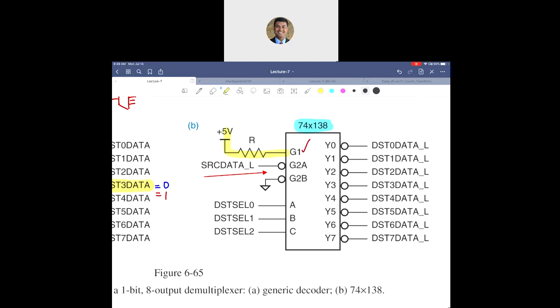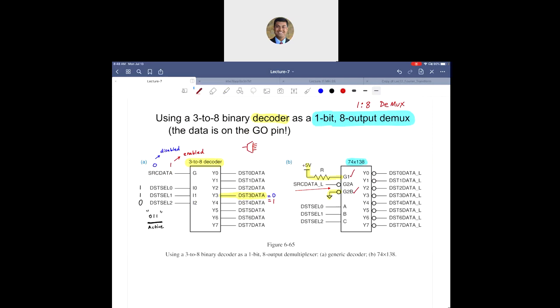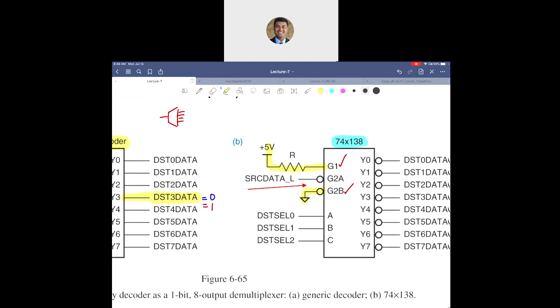G2B is connected to ground, active low input, enabled, check. Earlier I just needed one enable to be my source data. Right now I have G2A, my active low enable, as my source data in active low format, source data underscore L.